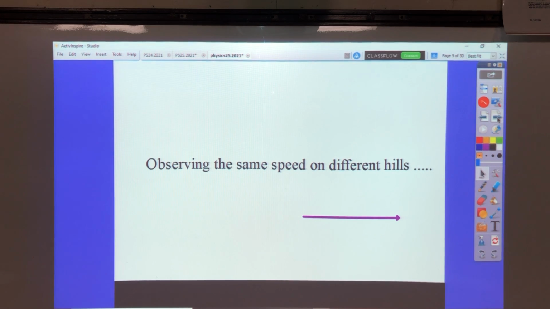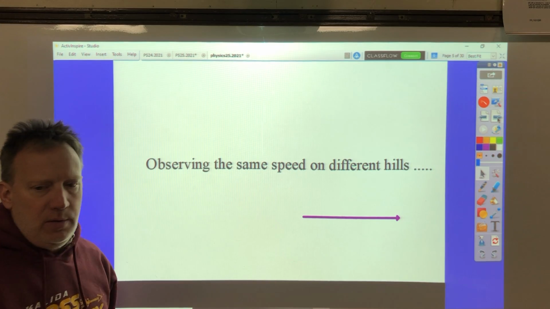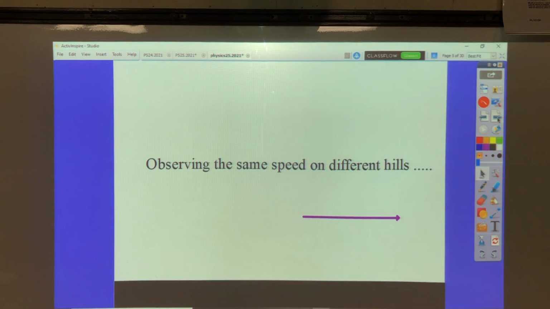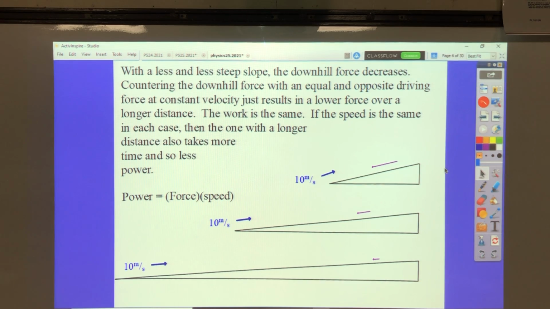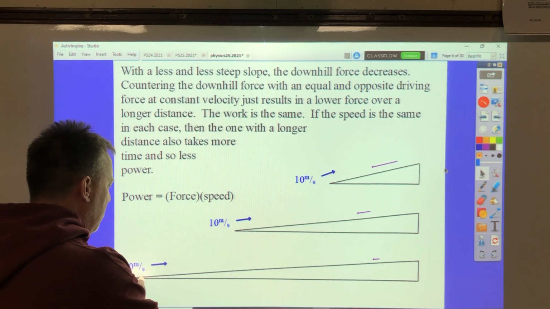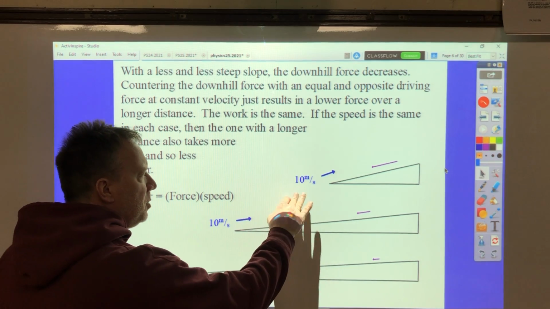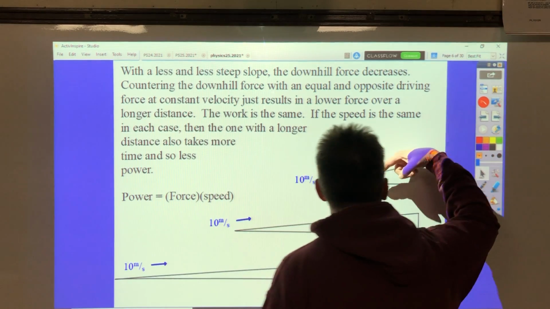Now let's look at the same speed on different hills. Same speed, different hills. The other ones weren't the same speed, it was the same hill. This is different hills, same speed. So here I have different hills where my vehicle goes 10 meters per second, 10 meters per second, 10 meters per second. This hill is steeper.